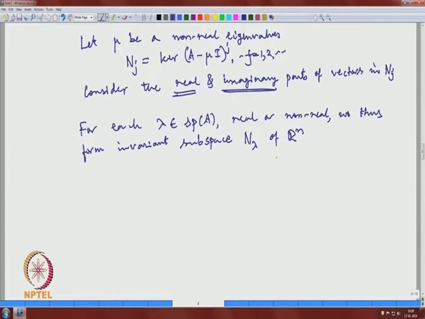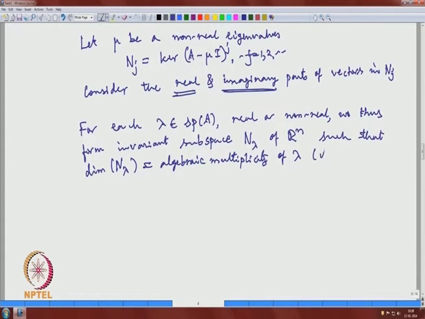This subspace is in R^n such that the dimension of N_lambda is the algebraic multiplicity of lambda if lambda is real, otherwise it is 2 times the algebraic multiplicity if lambda is non-real, because that count has to be proper.